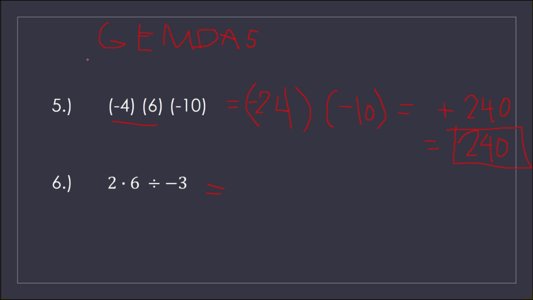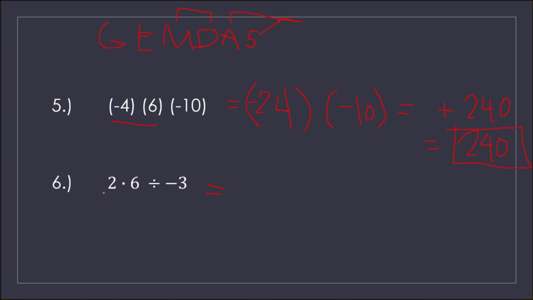GEMDAS says we do the groupings first, then exponents if there are any, and then multiplication, division, addition, and subtraction. Multiplication and division are interchangeable, also addition and subtraction, whichever comes first. If division comes first, do division first. If multiplication comes first, do multiplication.